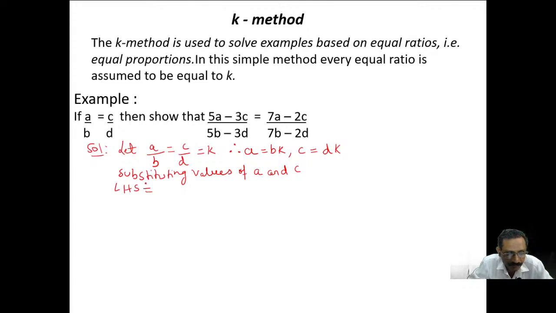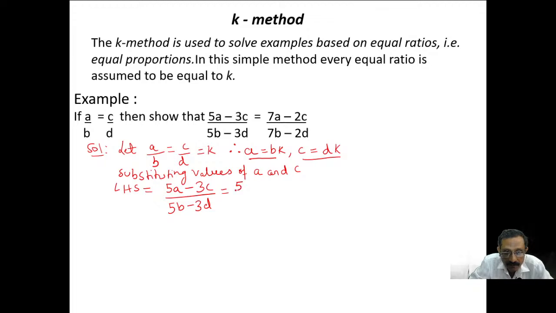In the LHS, we have 5A minus 3C upon 5B minus 3D, which is equal to. Now we have got the value of A here and the value of C over here. What I do is I substitute these values.